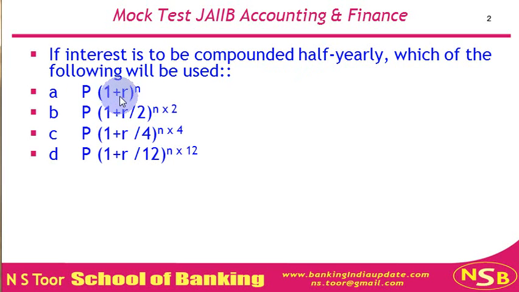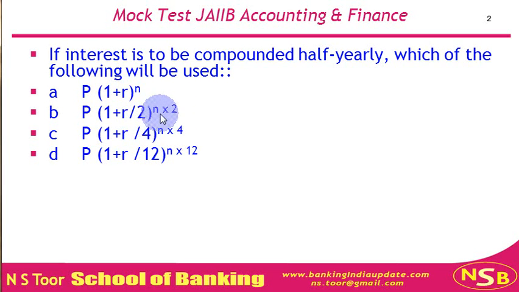With this, the compounding can be done on an annual basis. And if we have to do compounding on a half yearly basis, then our rate of interest is to be divided by 2, and n, the number of time intervals, has to be multiplied by 2.